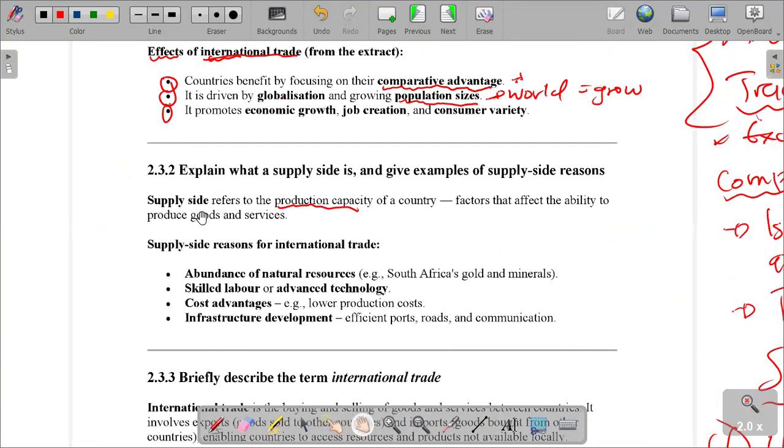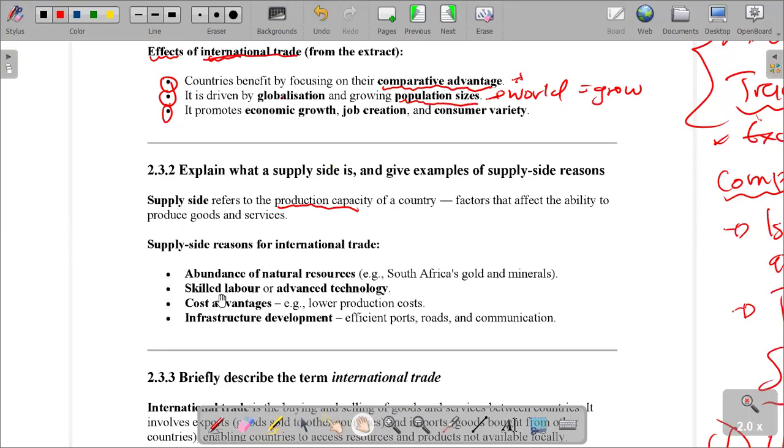So the supply side refers to the production capacity of a country, the factors that affect the ability to produce goods and services. So how much can a country produce based on what? The factors that will affect that particular product. How much can we produce from a certain amount of, let's say, raw materials?